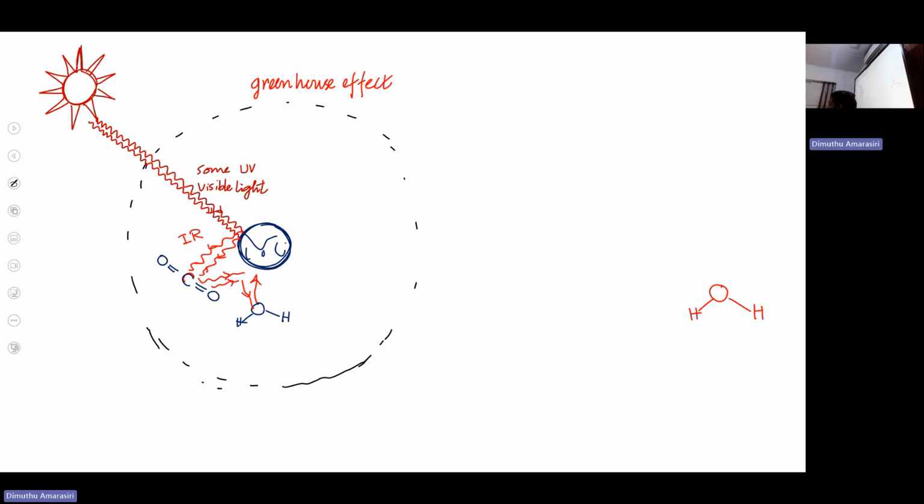You already have two on the board, right? What are the two greenhouse gases mentioned on the board? Carbon dioxide and water molecules.